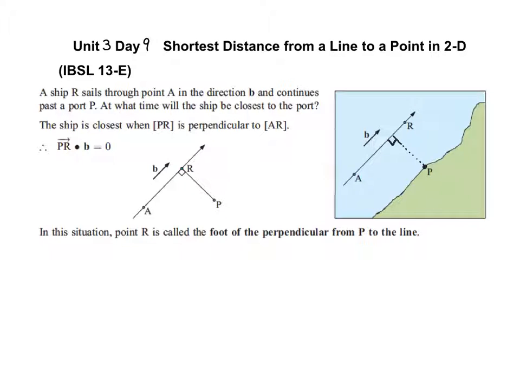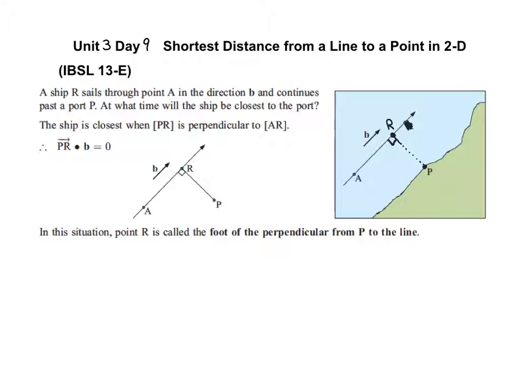So what we have here in this case is we have some point, and this is a little bit misleading here because it has R way over there. The fact of the matter is you could put R wherever you want on this line. So I'm going to put R right here at the point that I'm looking for.